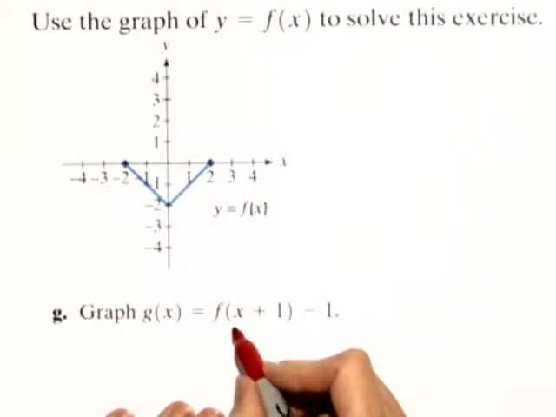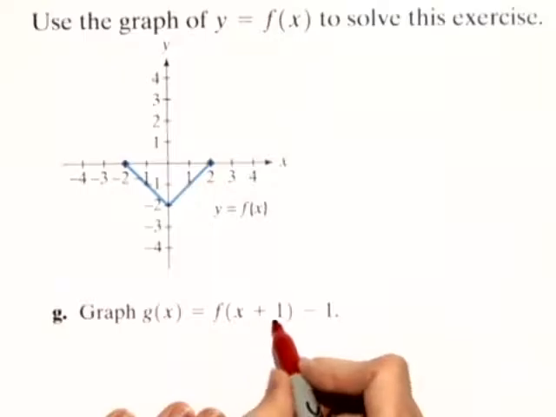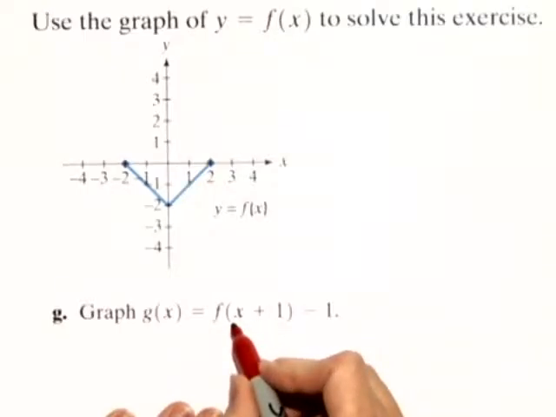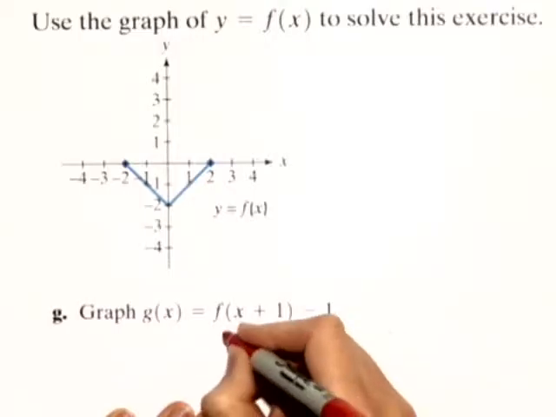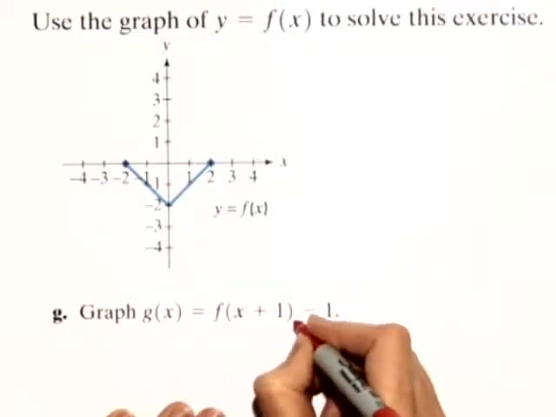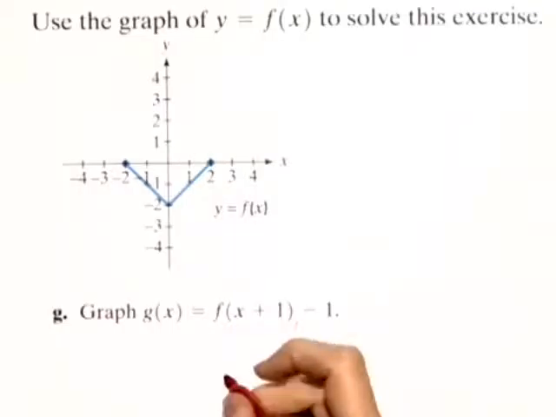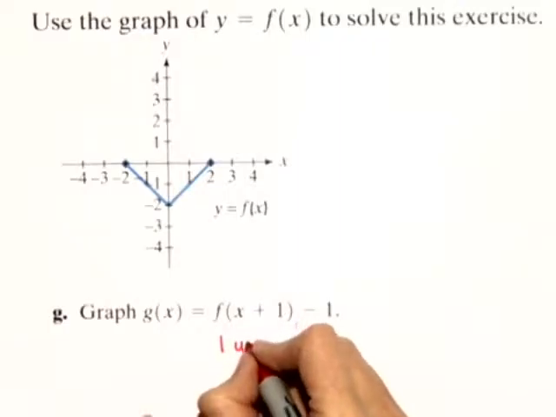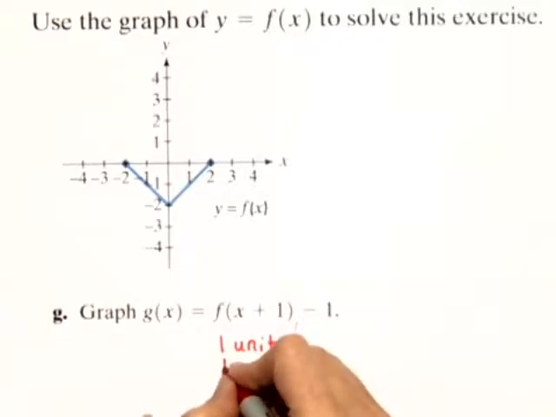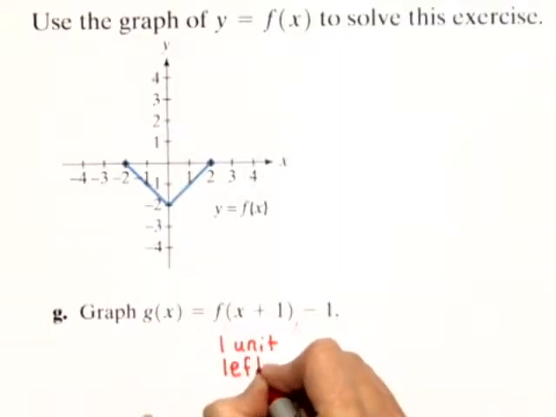Anytime we have a transformation and we have a shift in the horizontal direction, it's connected with the x. So this shift right here in the horizontal direction really is a shift 1 unit left.